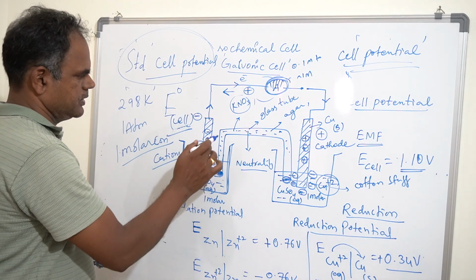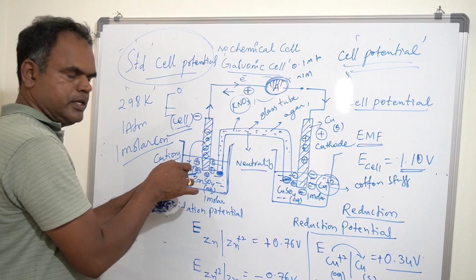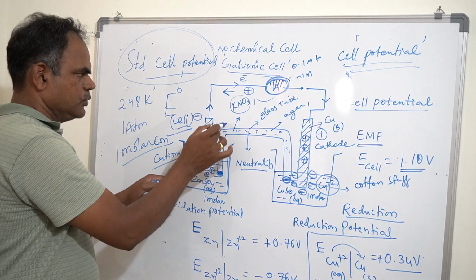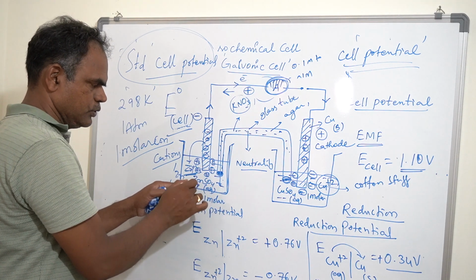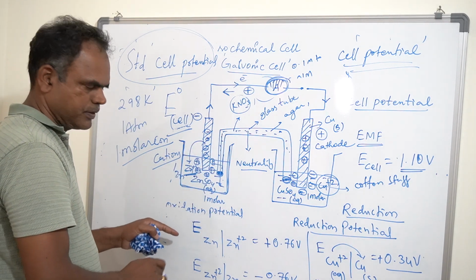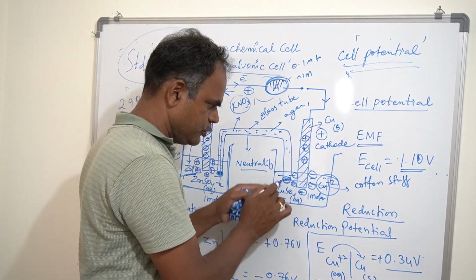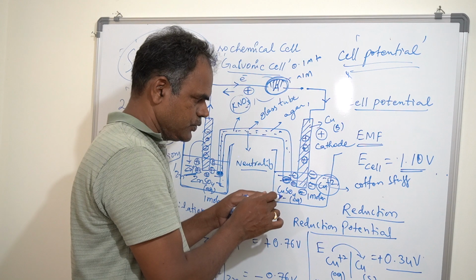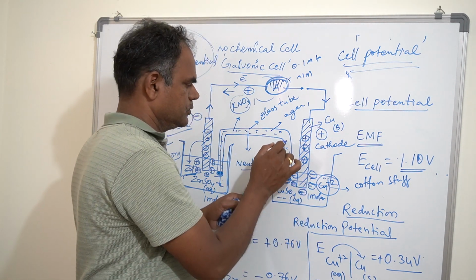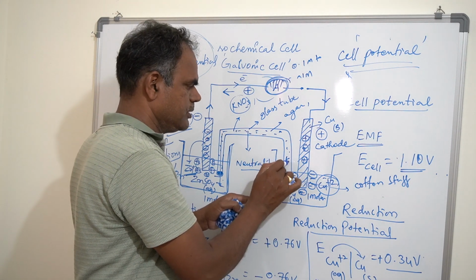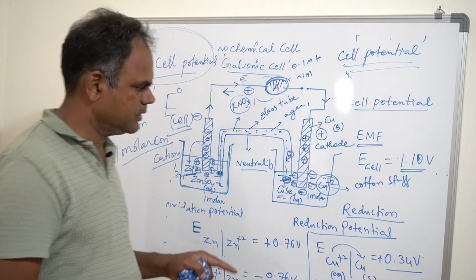When zinc plus 2 ions increase in this half cell, in order to balance, nitrate ions pass into this solution through the salt bridge to neutralize. And where cupric ions decrease, in order to balance cations in the other half cell, potassium ions from the salt bridge come into it.